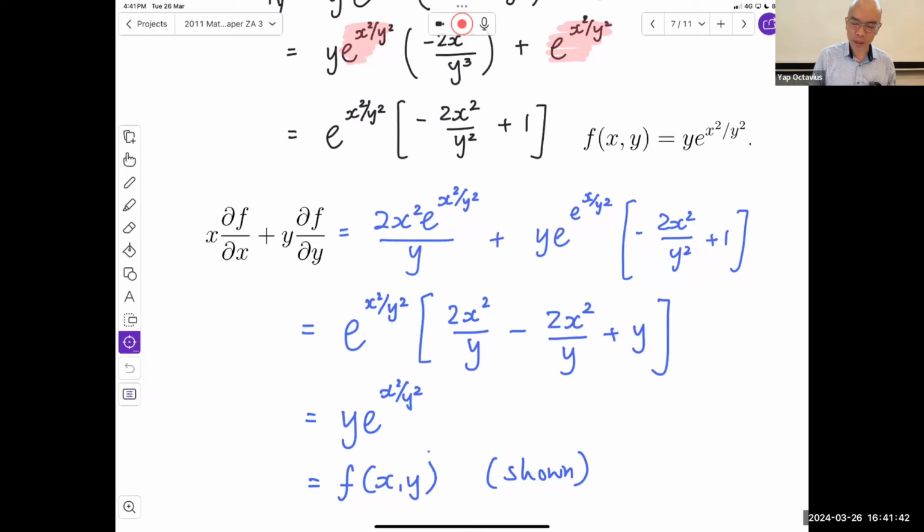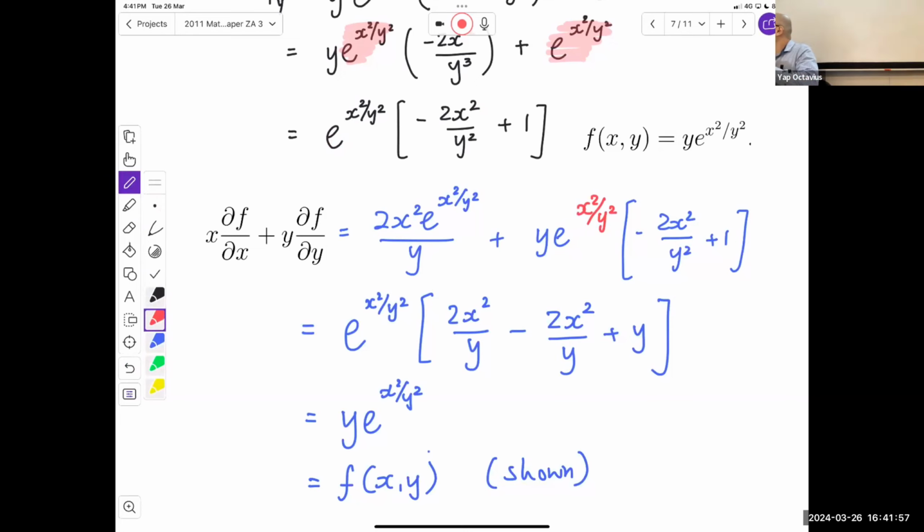It should be Y multiplied to this. Okay, sorry. This one is not correct. Come correct this. It's just x squared, y squared. Okay. Can I please correct that?